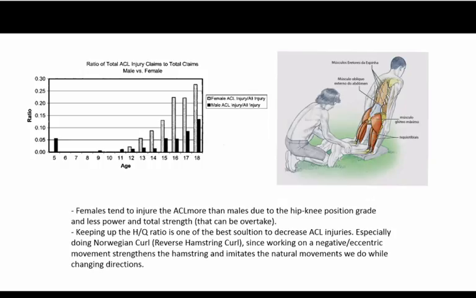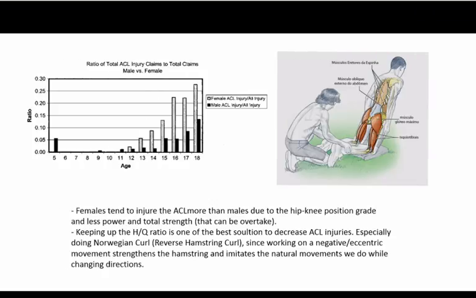So what do we know about injuries on the knee? We know that most of the injuries are higher in females, especially in younger ages. So between 16 and 18, usually it's like the highest rate of injuries on the ACL.